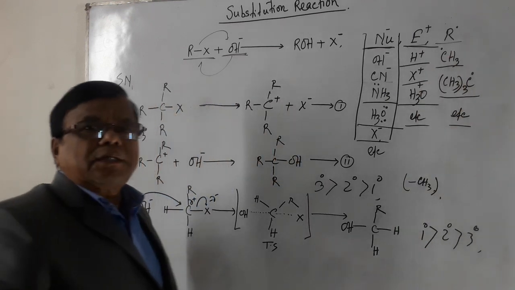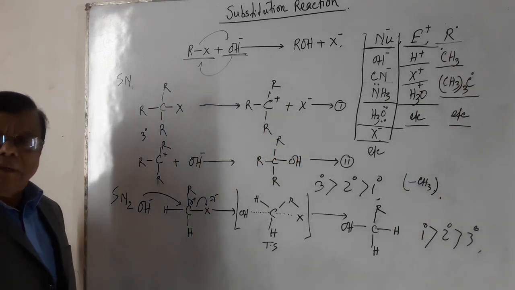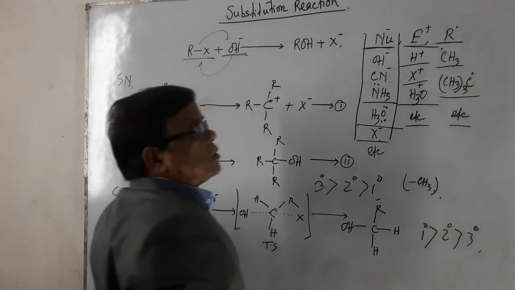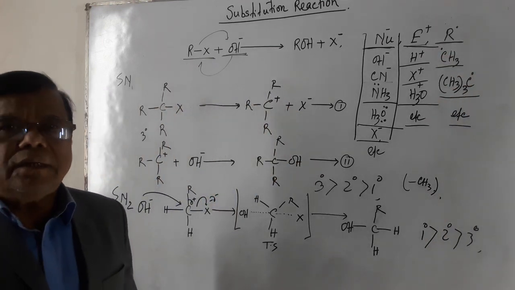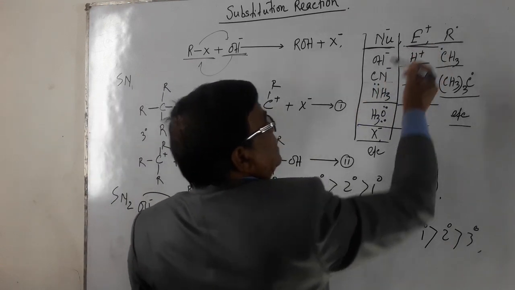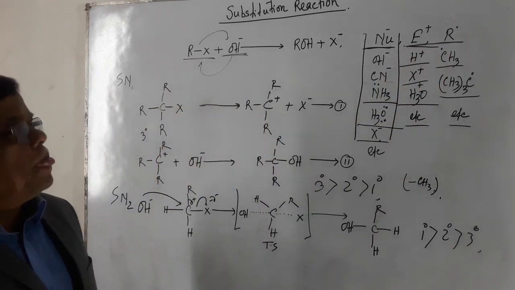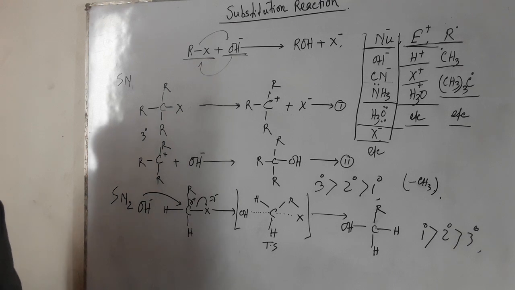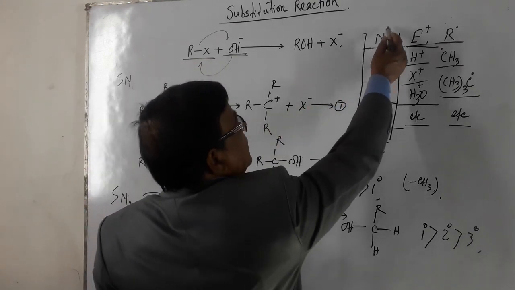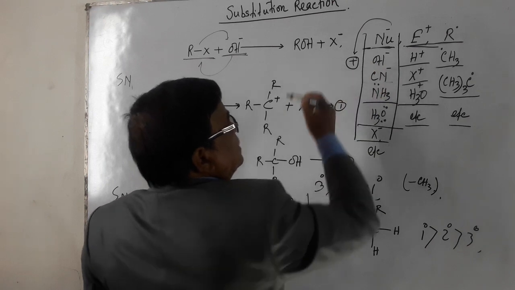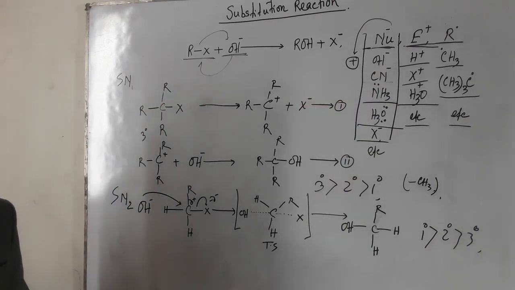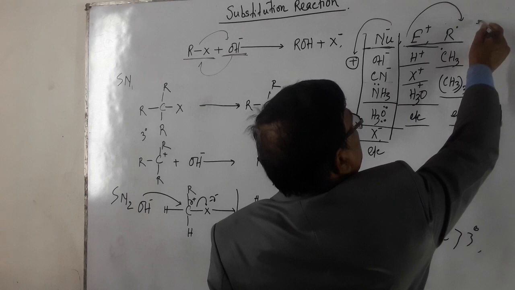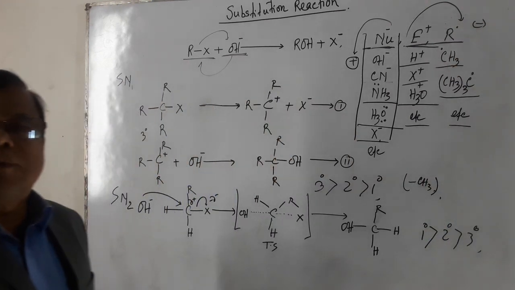Free radical is denoted by R with an unshared electron, and electrophile substitution is denoted by E positive, and nucleophile substitution reagent is denoted by Nu, which is fond of nucleus, that is nucleophile substitution reagent, and the other which is fond of electron, that is electrophile substitution.